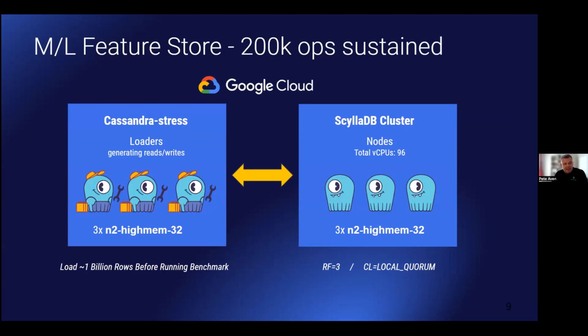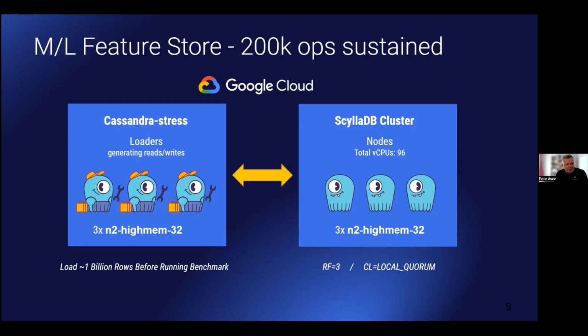So we set up Cassandra Stress with 3 nodes, 3 loaders essentially, to load 1 billion rows, but then they're going to hit our Scylla cluster with 200,000 ops per second. If you go to our dev hub, ScyllaDB dev hub, we have an implementing a feature store getting started use case. And we used that as the template for the data model, as well as the reads and the writes.